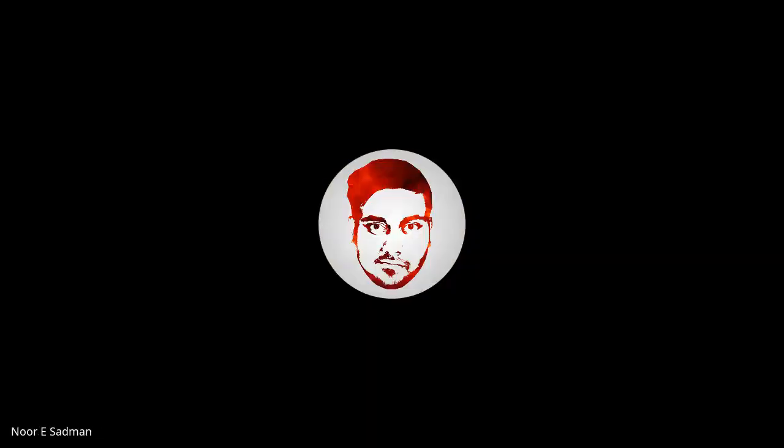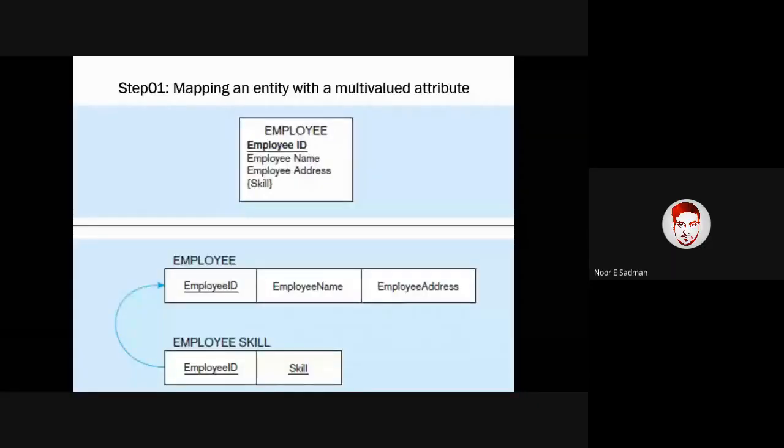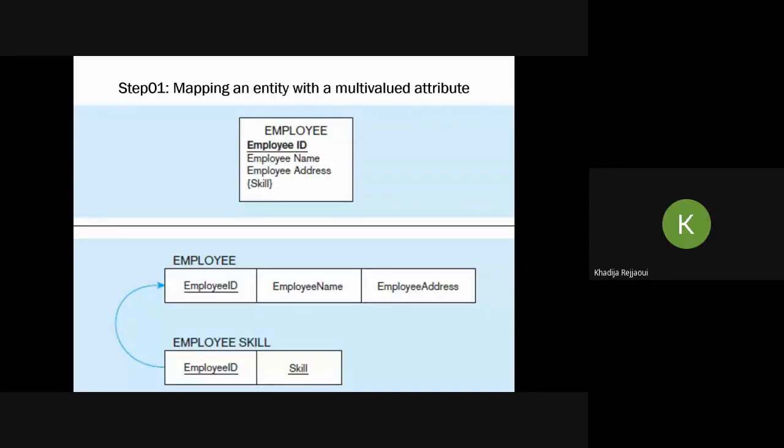They have made employee skill as another entity, and then separated it with employee ID and skill. And they took the employee ID and also the skill, they make it as a primary key, composite primary key. A composite primary key, yes, sir.